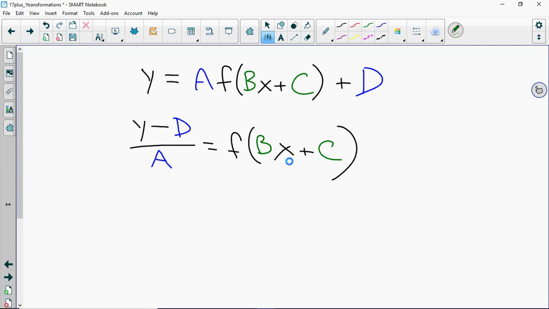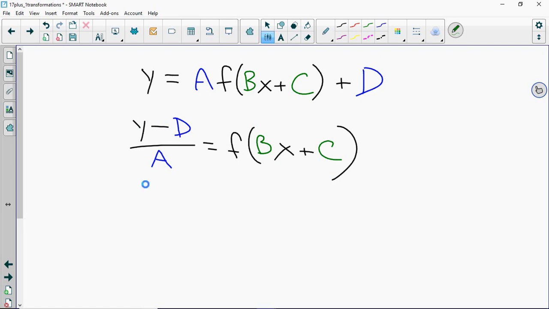And now we see that actually nothing is well behaved, because let's suppose that d was a positive number. Then in this first equation, we're going to be shifting the graph up. The second equation is equivalent to the first, so this is still saying we're going to shift the graph up, but now it says y minus d. So that's the opposite. Let's suppose that a were a number bigger than 1, which means that here we're going to be stretching our graph to get taller.